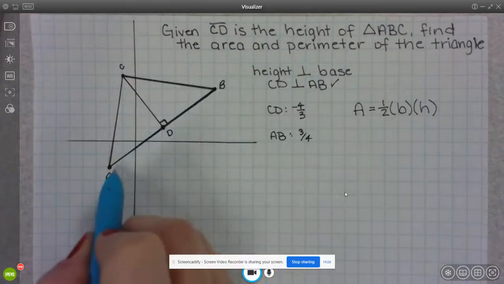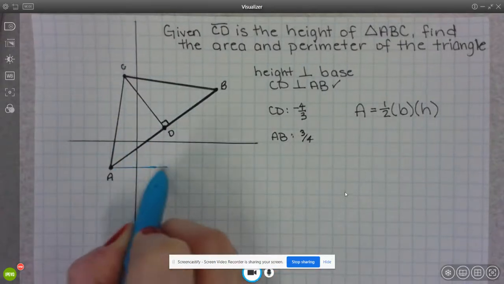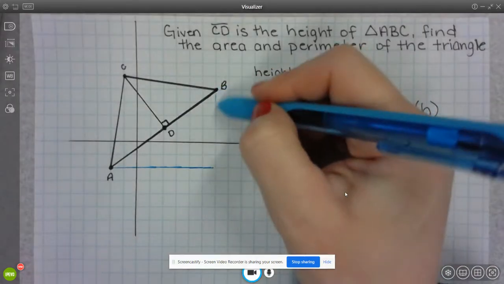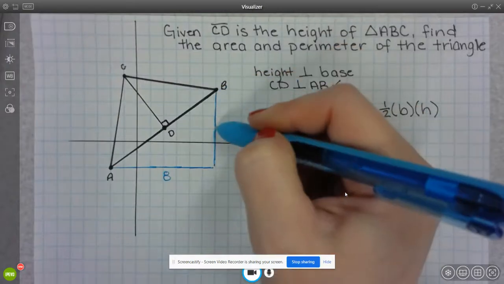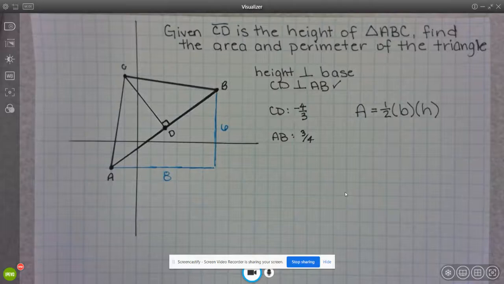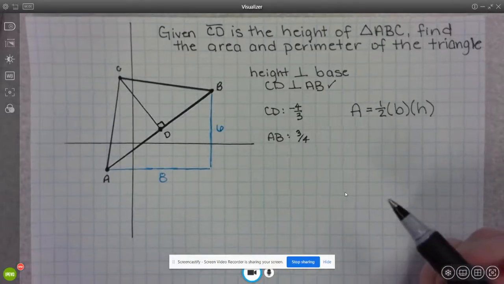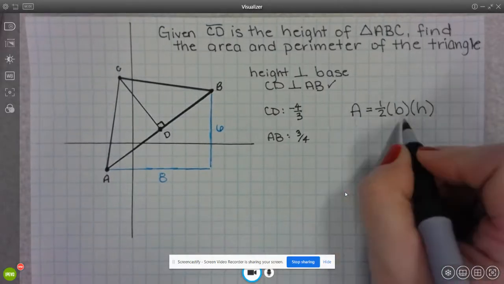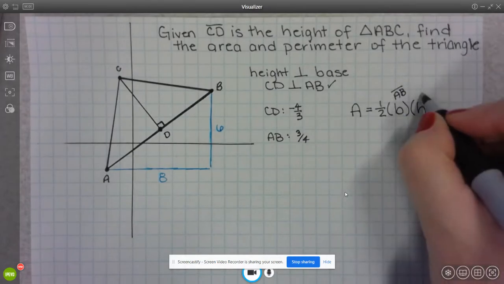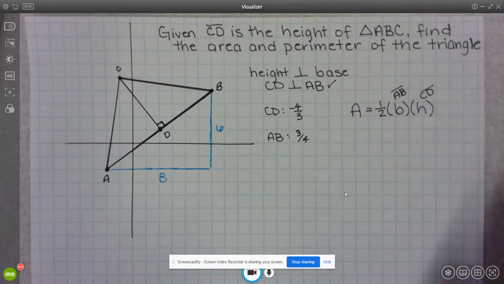All right, so for A to B, we're going to have this big triangle down here. This is 1, 2, 3, 4, 5, 6, 7, 8. And this is 1, 2, 3, 4, 5, 6. So AB is the base, and CD is the height.